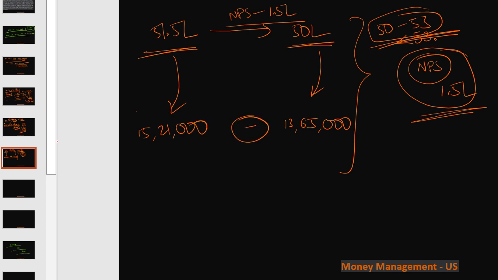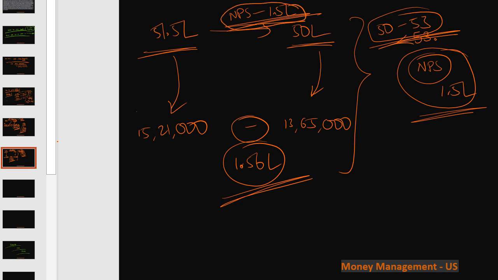Let me quickly do that. 15,21,123 minus 13,65,123. So that becomes 1.56 lakh. Can you see the benefit here? You're getting the benefit of 1.56 lakh just by investing 1.5 lakh in the NPS. You're completely saving whatever the amount you're putting in your NPS, it is completely free.